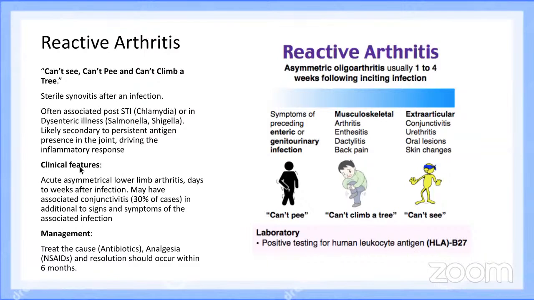So they'll present with often an asymmetrical lower limb arthritis days to weeks after the infection. They may still have symptoms of the infection as well as possible associated conjunctivitis. The management here would be to treat the cause with antibiotics, analgesia, and then counsel the patient that the arthritis should resolve within 6 months.